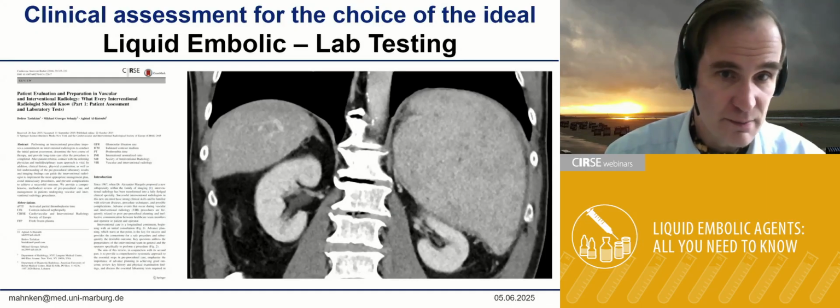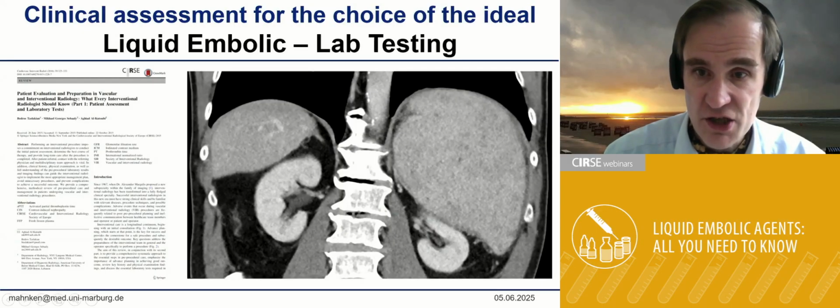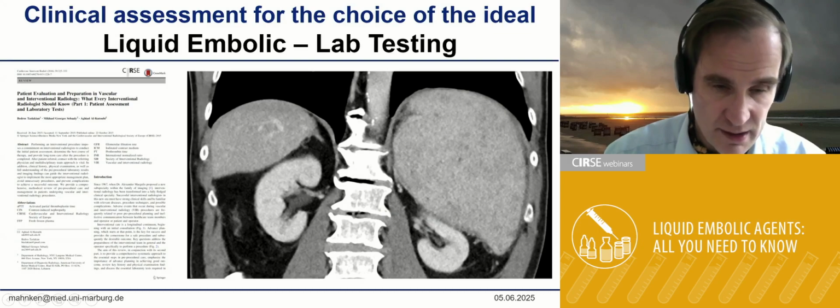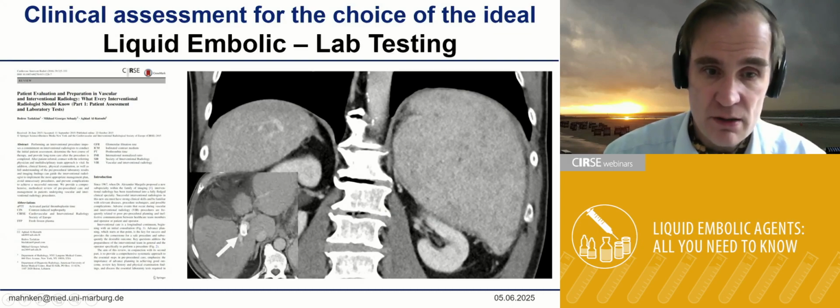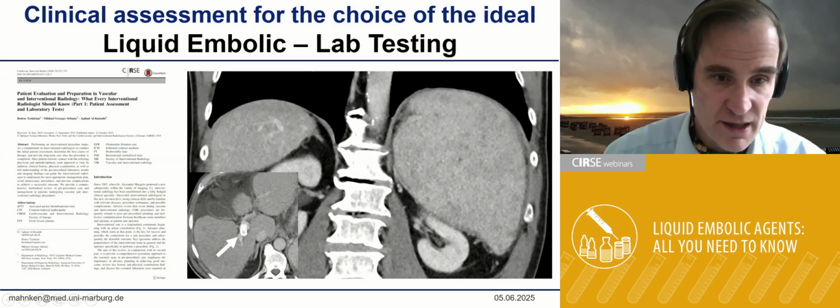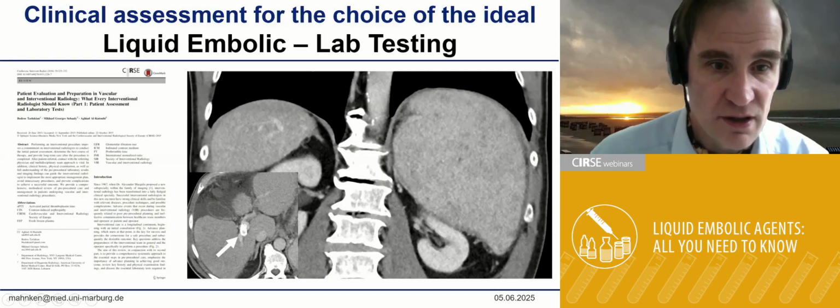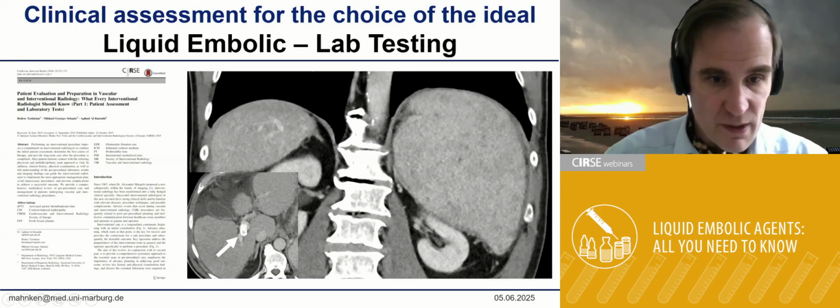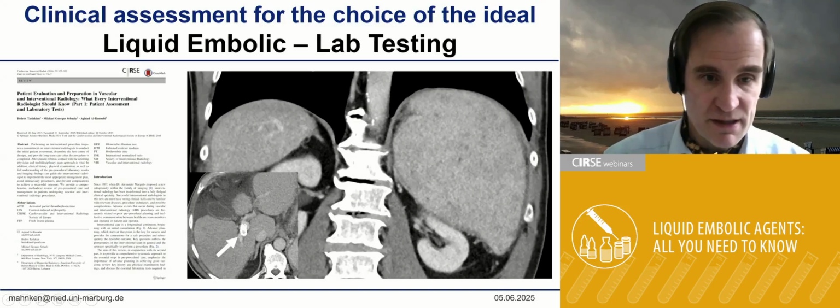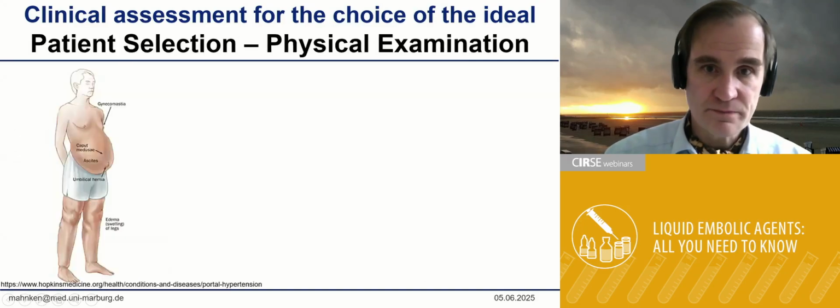A different example, that's a patient having a huge spleen due to a hematological disorder, but the patient also suffered from portal hypertension, underwent a TIPS procedure before, which was quite successful, but still that's something to consider.